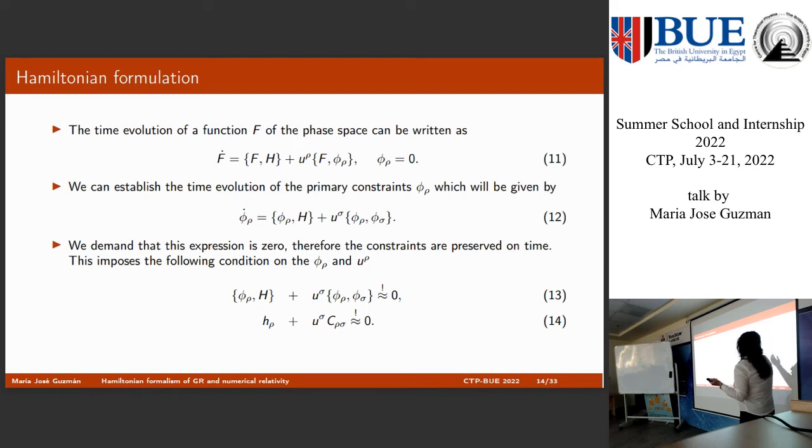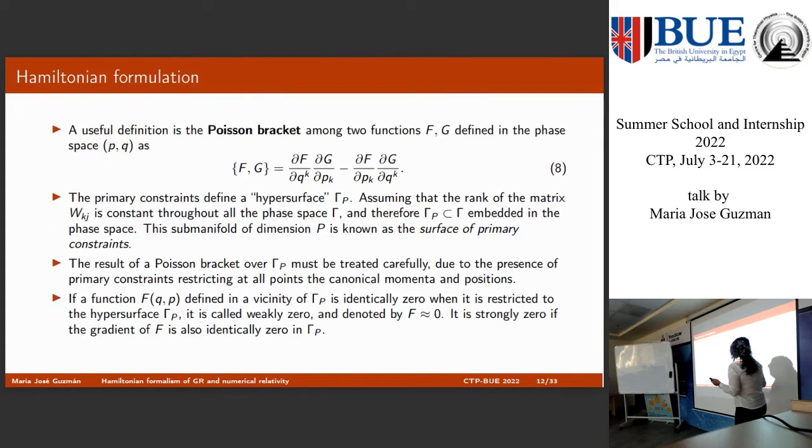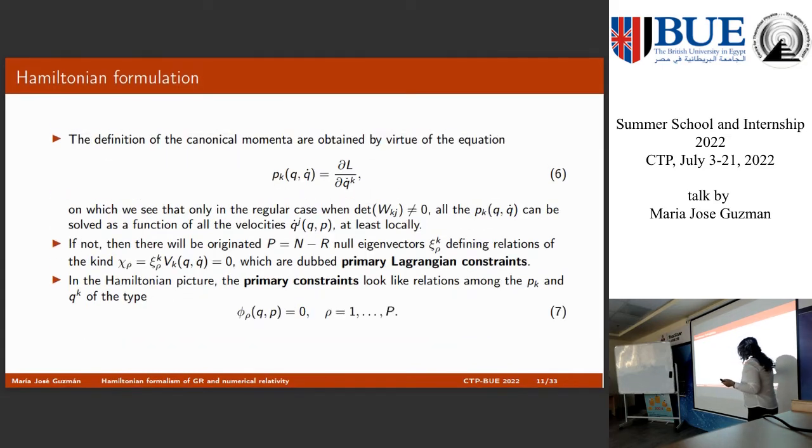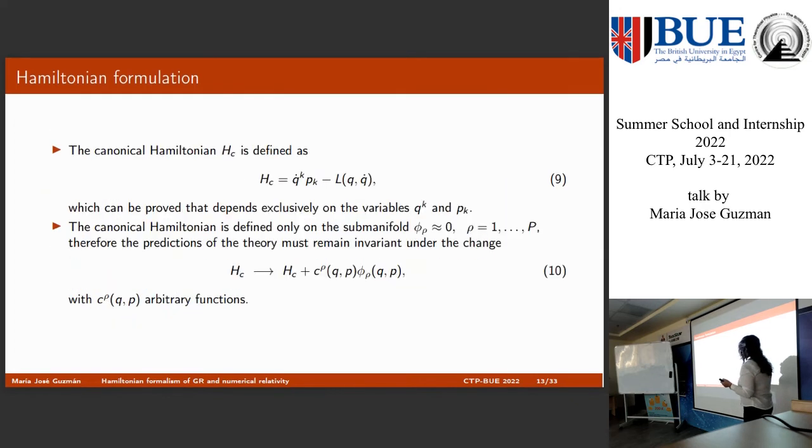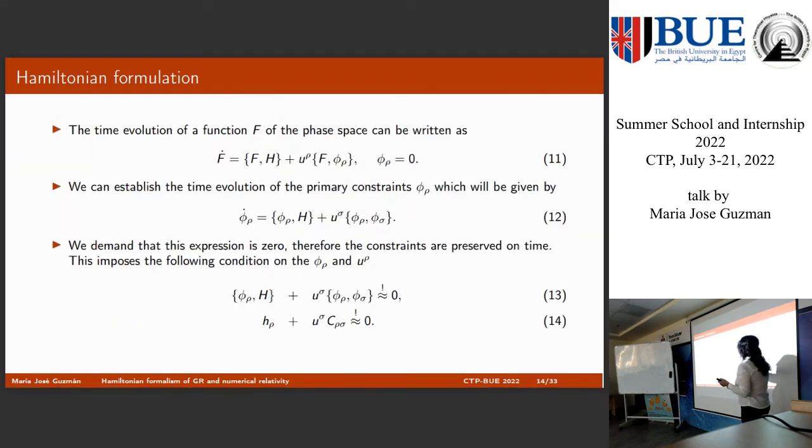For a physical theory to be consistent, I need the primary constraints to be preserved in time. This is true for any theory: any theory that has primary constraints must have them preserved in time. Otherwise, they are not constraints. They have to be preserved throughout all the time evolution.